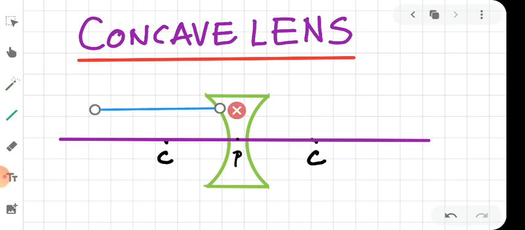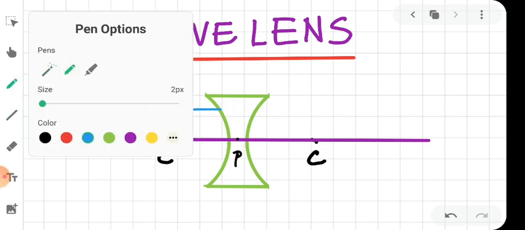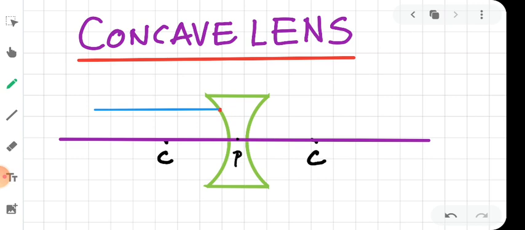It is incident at the first interface, and this is our point of incidence. What we do is draw the tangent to that curved surface. The tangent looks like this. Now there is a normal at the point of incidence, and that normal goes through this center of curvature.